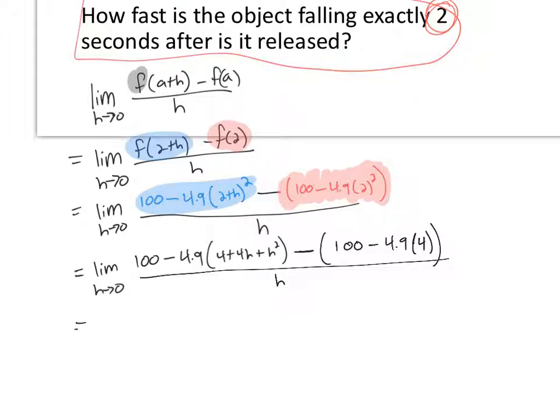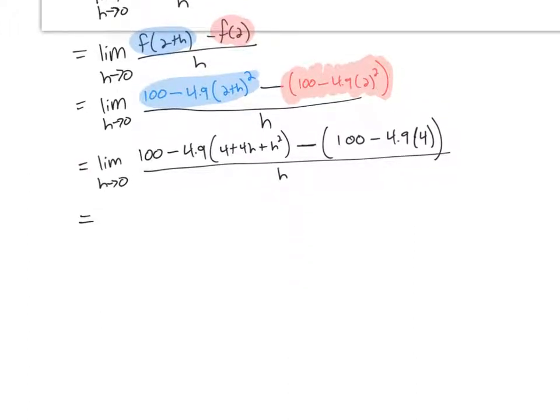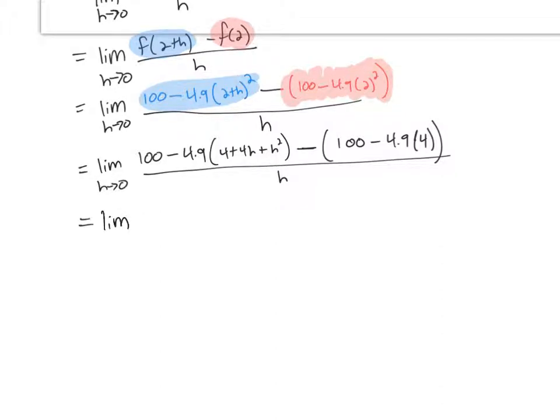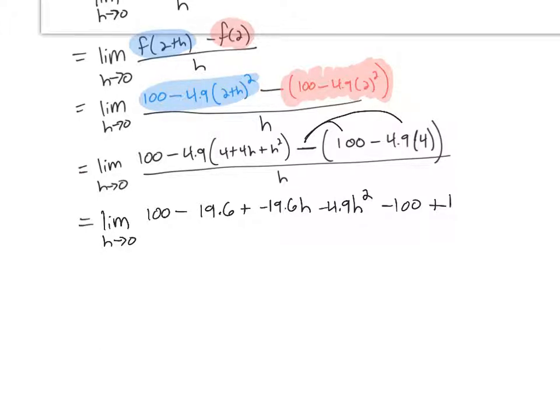Okay, and that's equivalent to the limit as h approaches 0 of 100 minus 4.9 times 4, so 19.6, plus negative 19.6h minus 4.9h squared, and then minus 100 minus 4.9 times 4, so double negative, so plus 19.6. All of that over h.